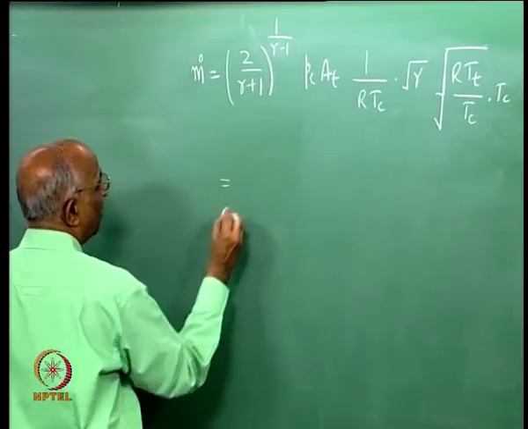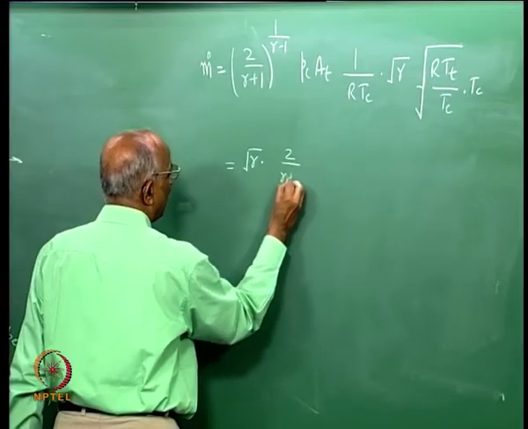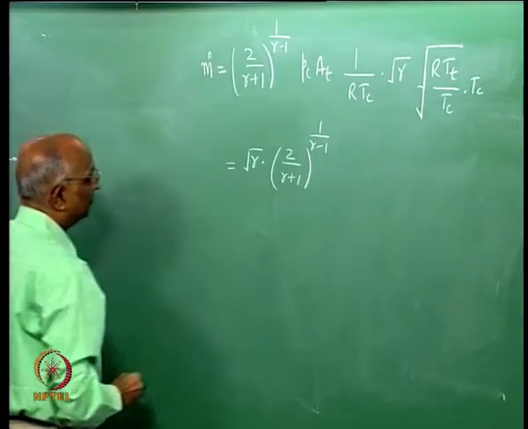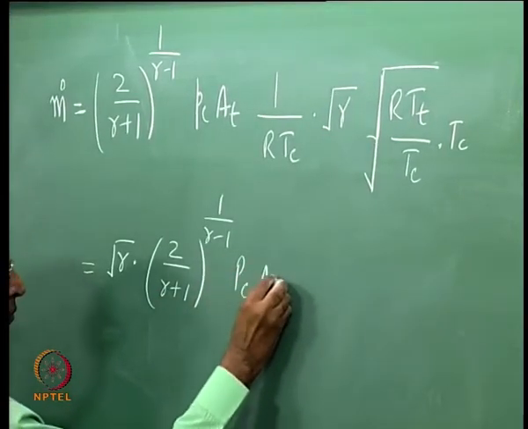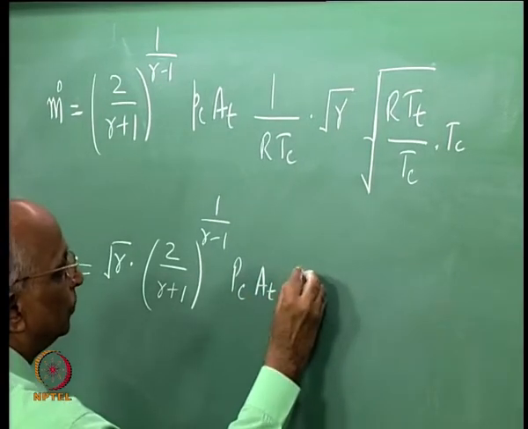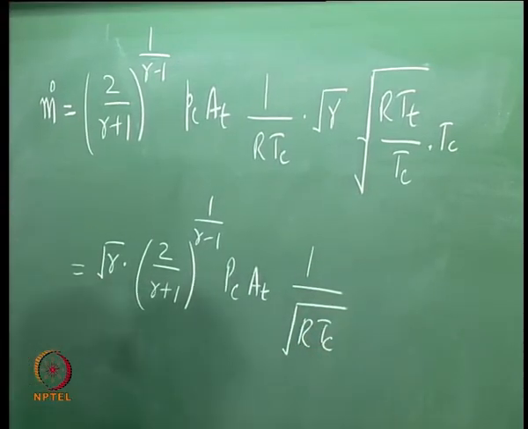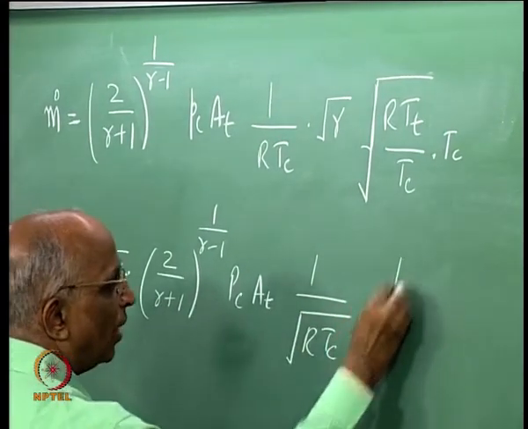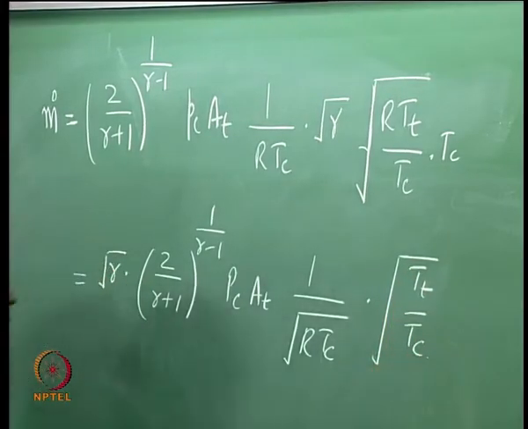Under root gamma into 2 over gamma plus 1 to the power 1 over gamma minus 1, into Pc At, into 1 over under root R Tc, into the value of under root Tt by Tc. Have I missed out anything?